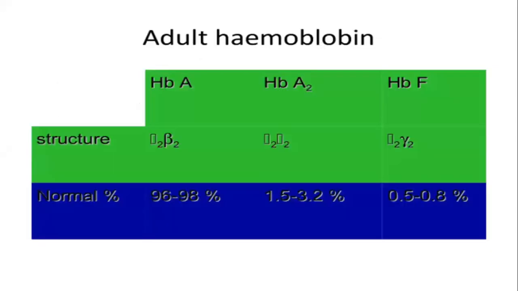And I think in terms of percentages, this is what we all naturally have in our bodies. A normal individual or adult would have almost 96 to 98% of hemoglobin A and 1.5 to 3.2% of hemoglobin A2 and hemoglobin F at a smaller percentage.